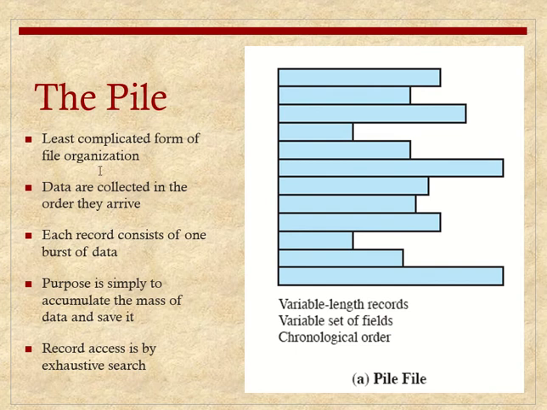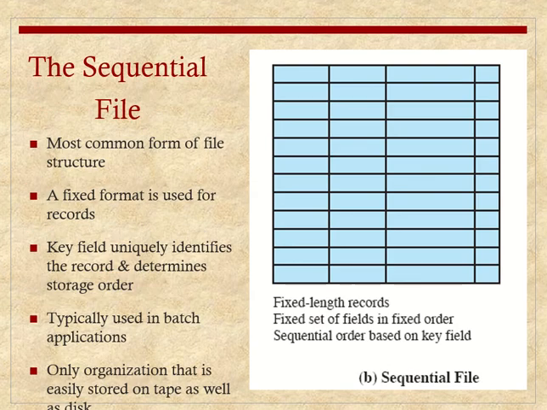The purpose of the pile is just to keep the data in how they arrive. So they are variable length records with a variable set of fields, but put in chronological order. You just keep the data every time it comes.